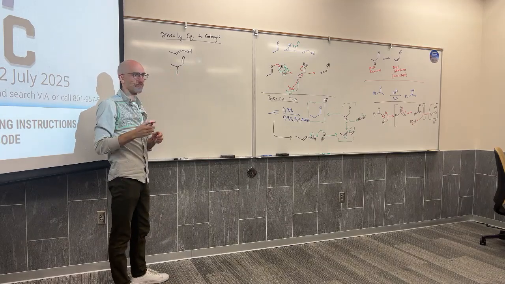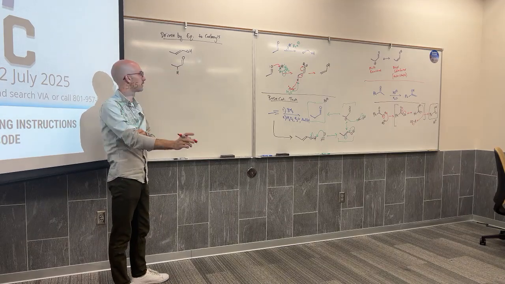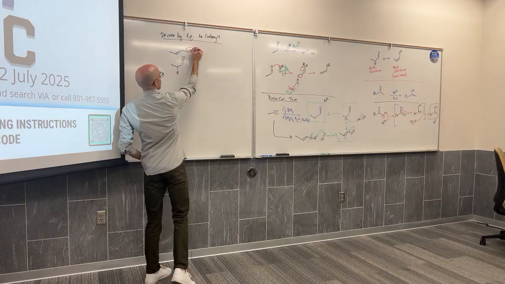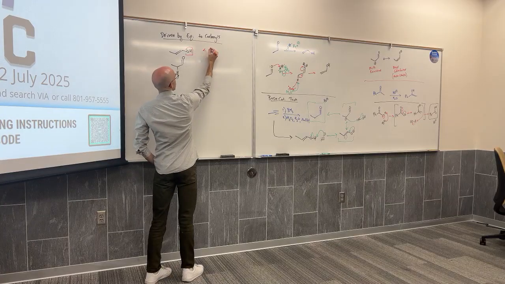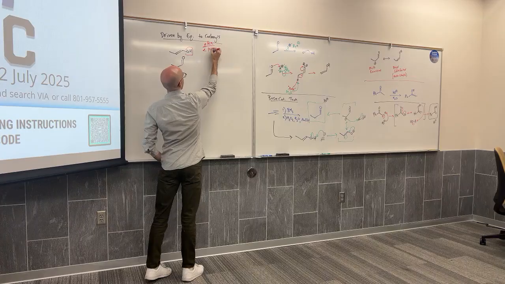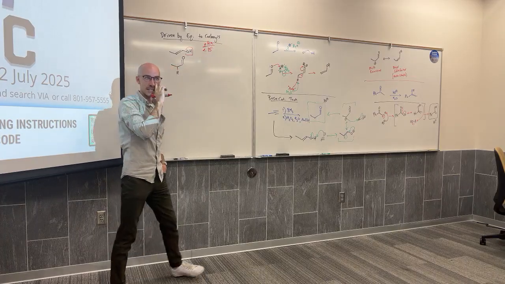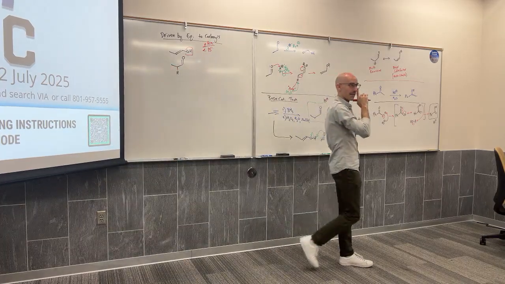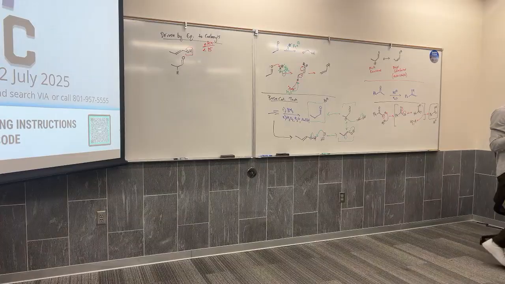So if we look at pKa's here, the pKa of this OH is going to be less than 15. And the reason is that normal alcohols have a pKa around 15.